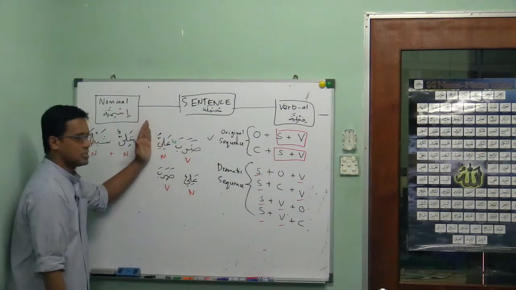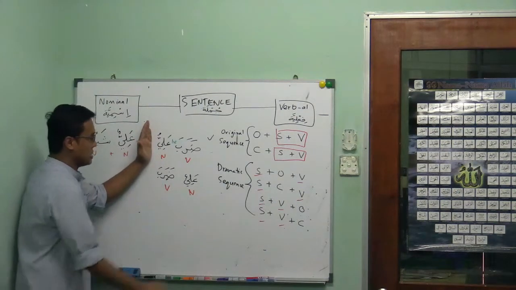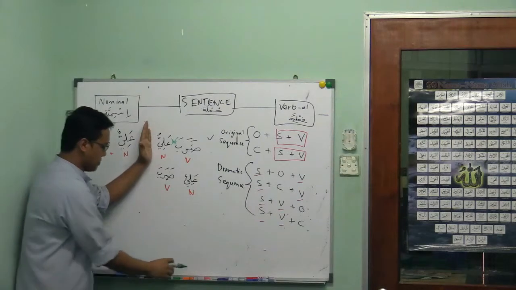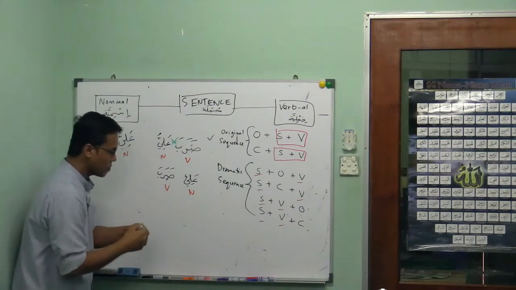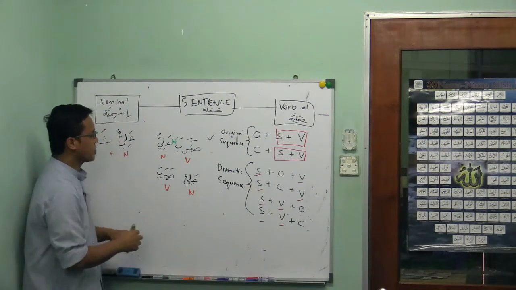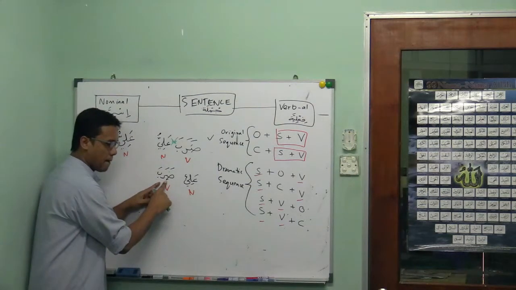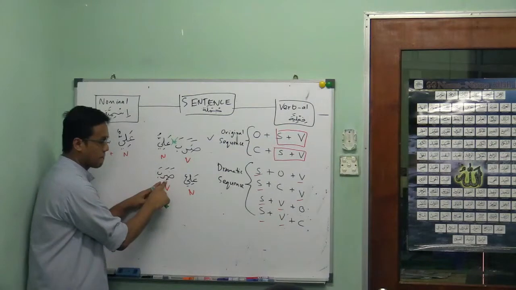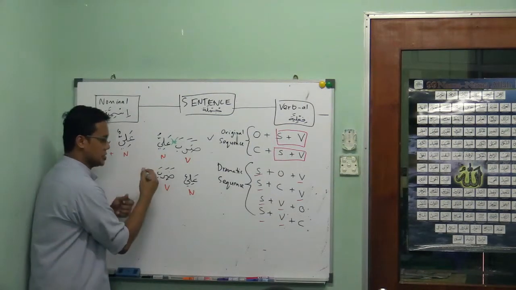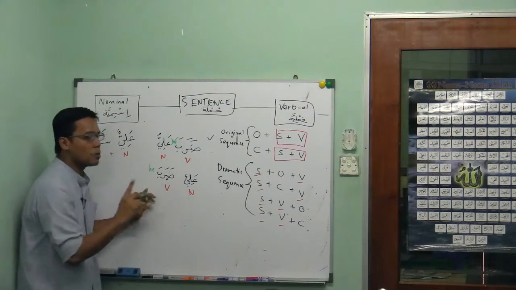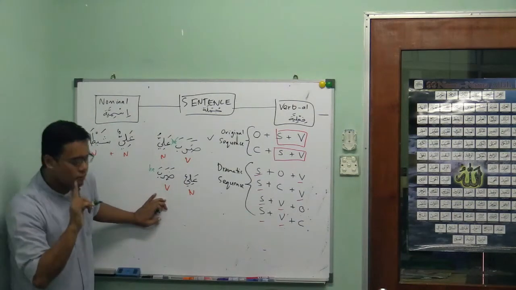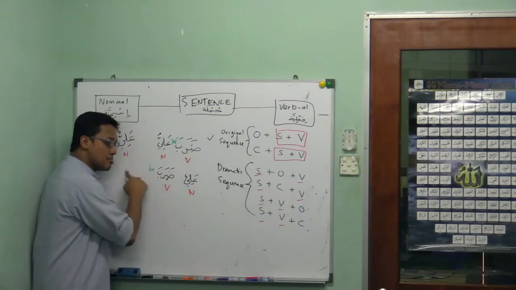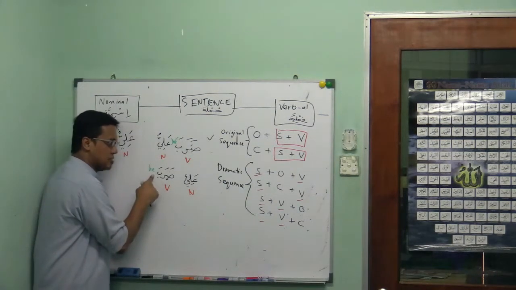If I were to open this, where's the subject? Ali, so you don't need the he. Where's the subject for daraba? It's a he, because subjects always come after a verb. So when there's no subject here, the subject stays here.